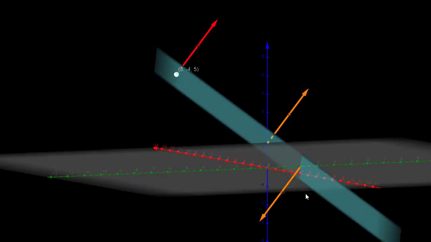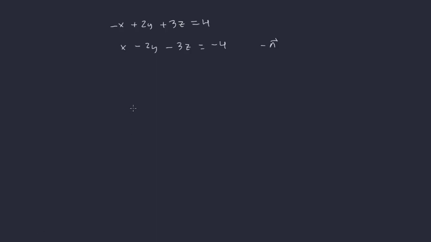Or maybe you did all your work and then you found that you got something like this. You got -2x plus 4y plus 6z is equal to 8. And you might also think, oh no, I did something wrong. But actually, this is the exact same plane. All we've done is multiplied everything by 2. In fact, we're using 2n. Okay, 2n is still going to be perpendicular to the plane.